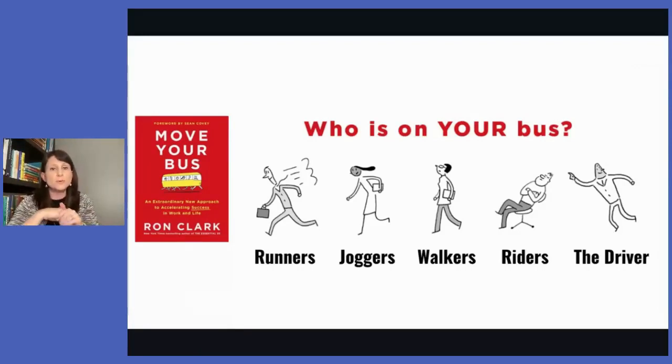But there's always going to be teachers in the school who are walkers and riders who are not making the progress. But in this book, so well done, Ron Clark talks about how you can spend hours and hours and hours devoting time to the riders, but all they're going to do is put their feet down and start walking. And that's not really going to move the bus forward more.